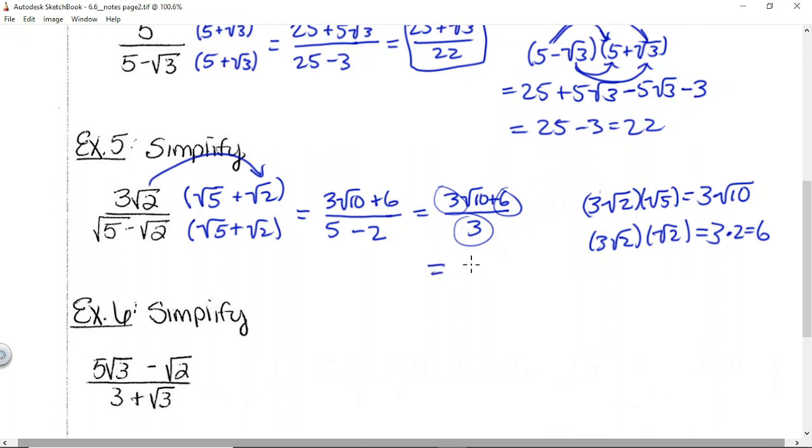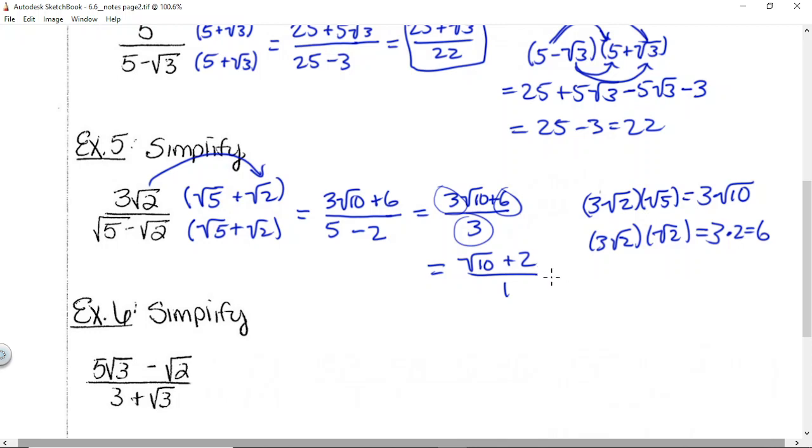And so in the numerator, we just have square root of 10. Because we divide 3 times the square root of 10 by 3, 3's cancel, just the square root of 10. Divide 6 by 3, and that gives us 2. And divide 3 by 3 in the denominator, that gives us just 1.